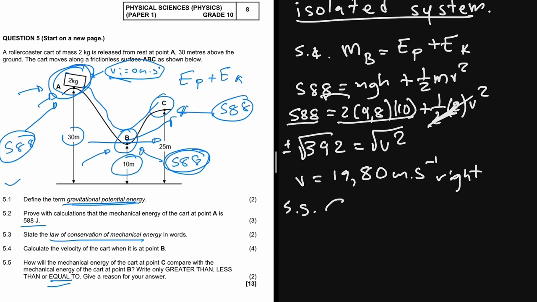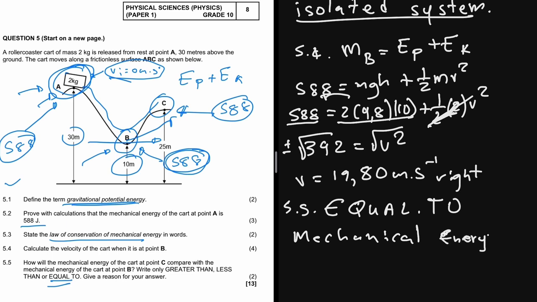Why is it equal to? This is because mechanical energy is conserved, or you can say the system is isolated. Yes, so that is how you would answer question number 5.